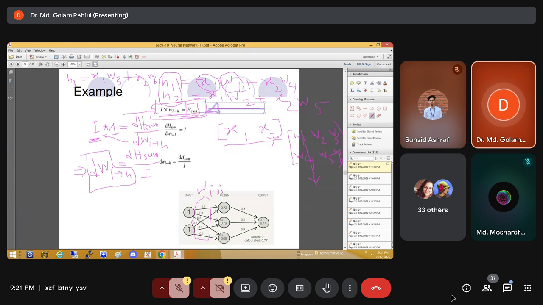We have already got the rate of change: delta hidden sum divided by I.